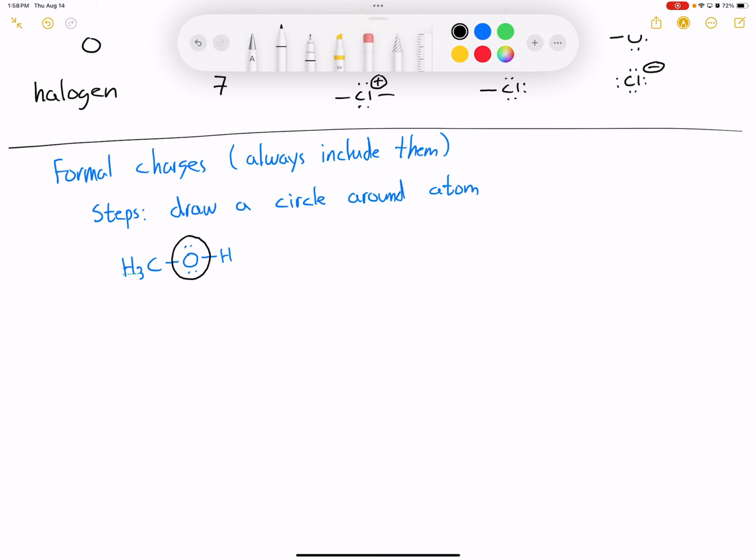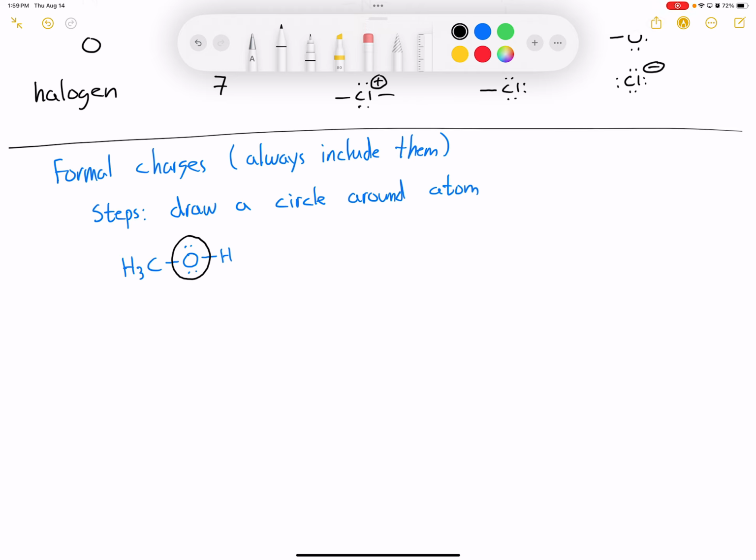Okay. All right, has anyone seen this method before? It's called the circle method or the arc method. All right, so basically, you're going to count the number of dots and lines in the circle. Okay, so what's the total number there in this circle? Good, 6.